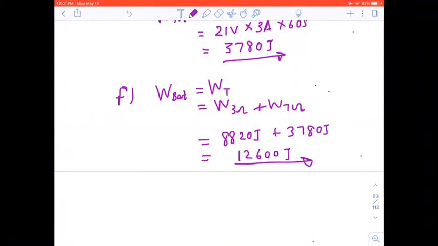Wow, look at that, how hard this battery is working as compared to a series circuit.